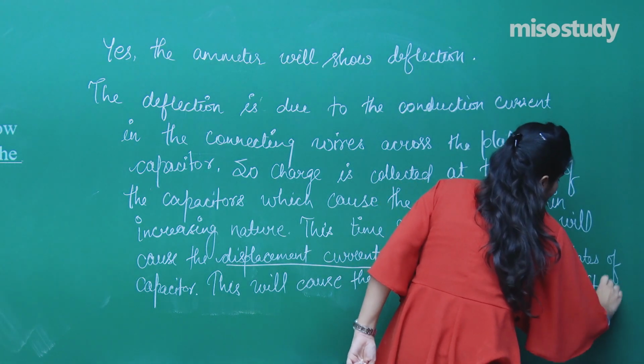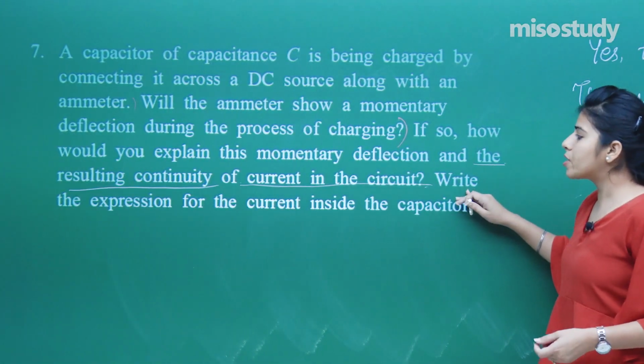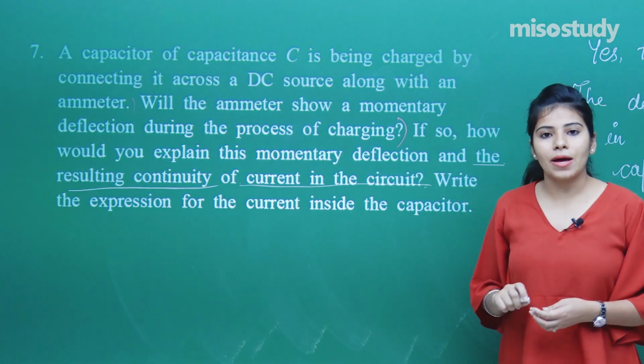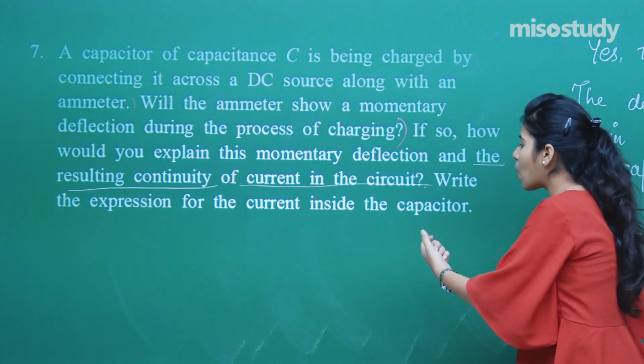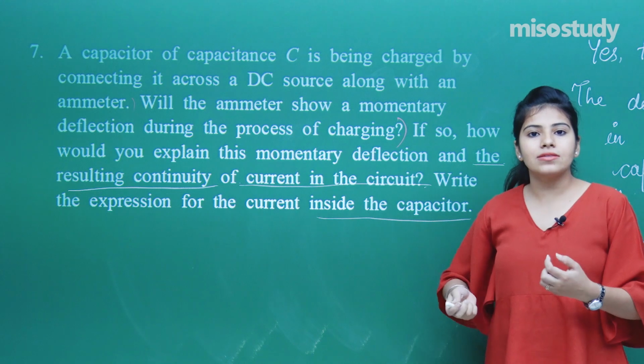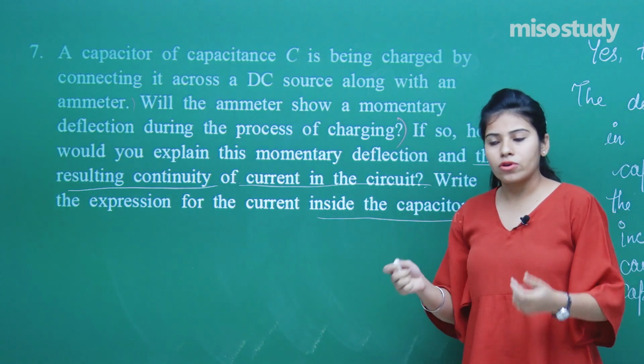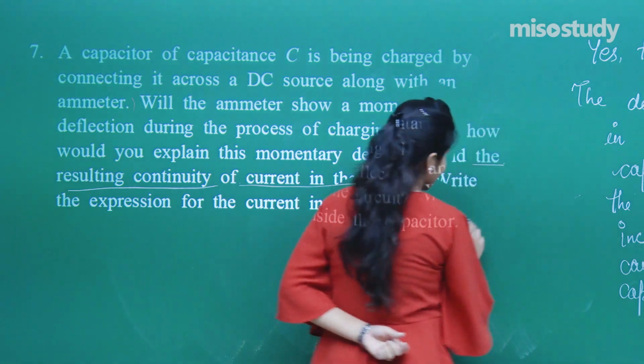So, now we have given the answer of the question. Now, write the expression for the current inside the capacitor. They are talking about inside the capacitor. So, inside the capacitor, which kind of current is flowing? That is displacement current. And what is the expression for displacement current?